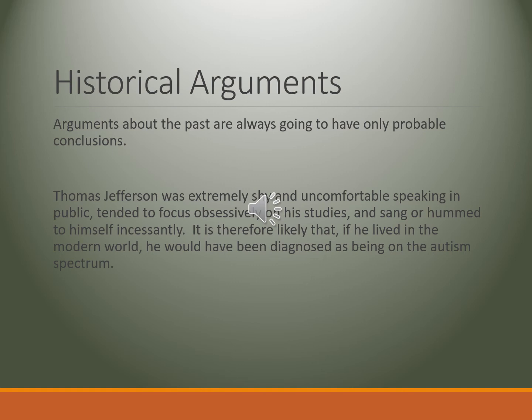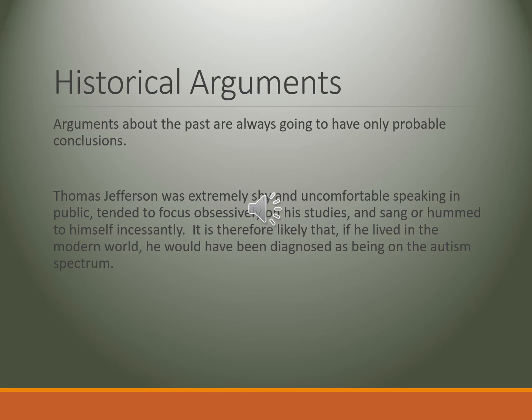We might have documentation, we might have eyewitness accounts of events, but these are always subject to interpretation, and they may turn out to be incorrect. Just because someone in the past said something happened at a certain date, let's say, they might have been incorrect, and therefore when we're drawing a conclusion based on their testimony, we are drawing a conclusion that isn't necessarily the case. Here's an example of a historical argument.